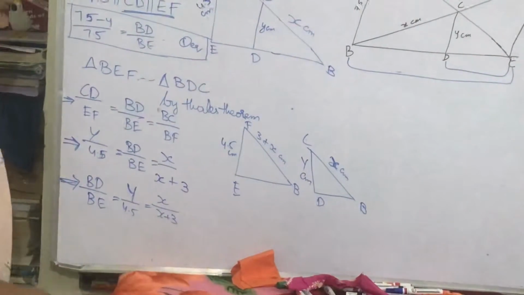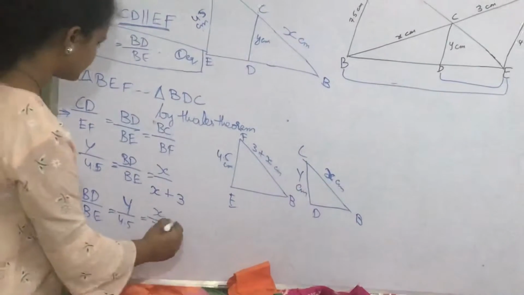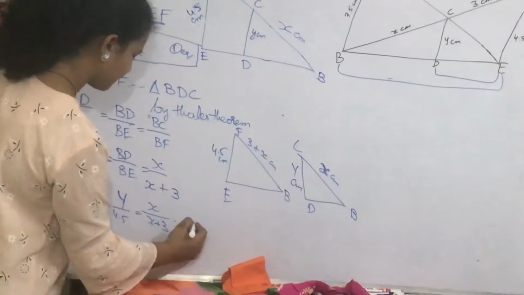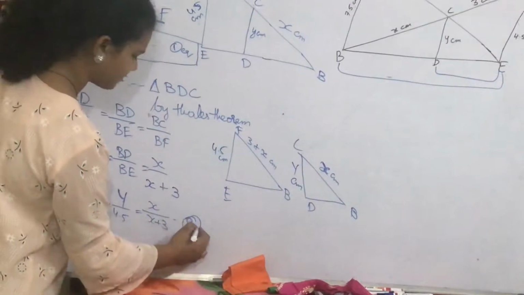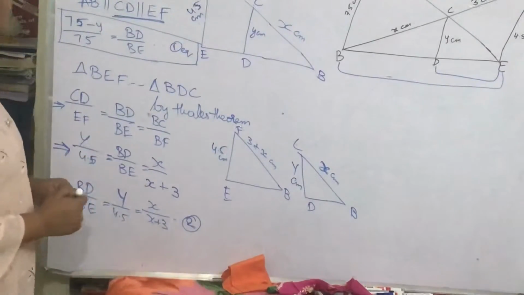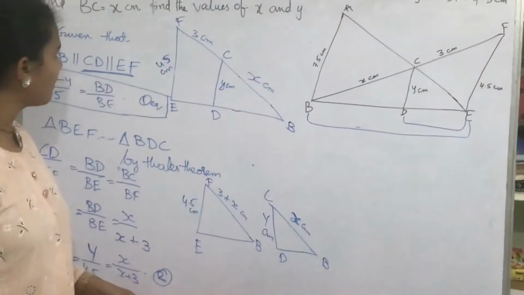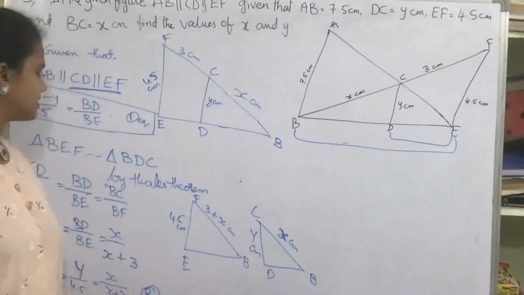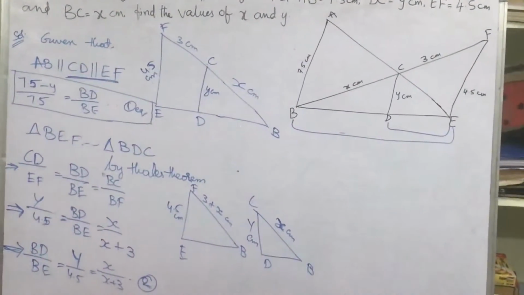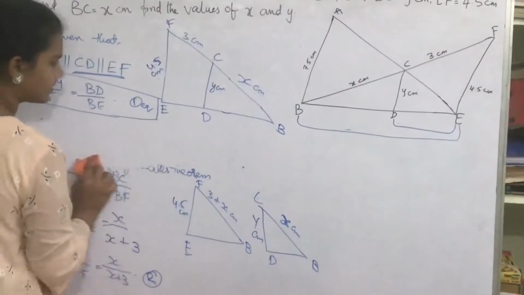Done. Let this be equation number 2, or second equation. So we got the first equation by triangle ABE and the second equation by using BEF. We have done with two equations.